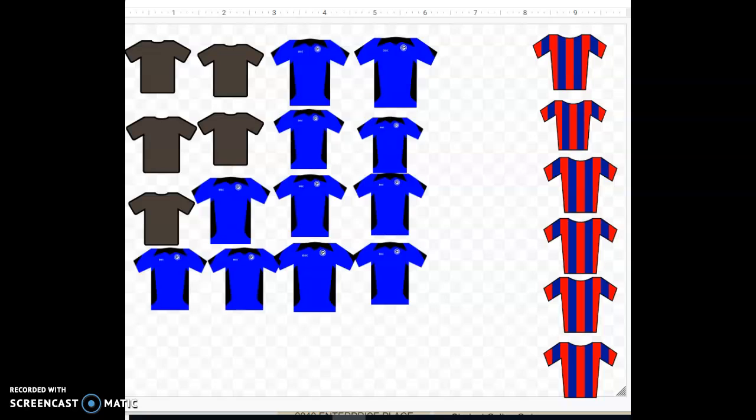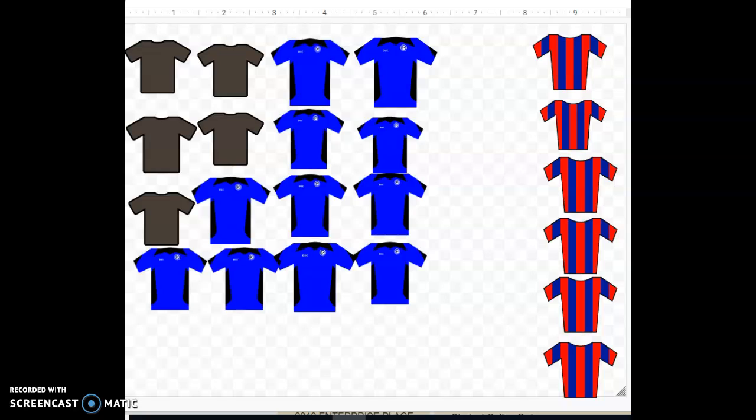But how do we find out more about the shirts that are not striped? Think about how we could put this into another group or category based on the shirts that are not striped. So based on these shirts, what or how could we separate those into another group by their attributes?